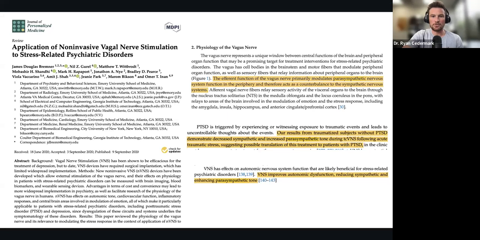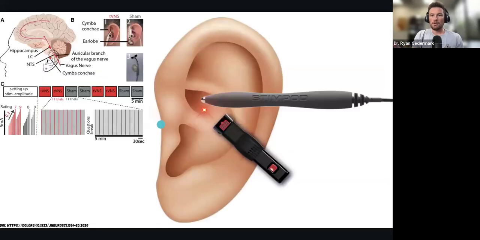The way we do it in our clinic, and again, there are several ways to do it. This area right here is known as the cymba concha. It's just an area of the ear. It's heavily researched in transcutaneous vagus nerve stimulation. Right below the ear, there's a branch of the vagus nerve called the auricular branch, which just means the branch of the vagus nerve at the ear.